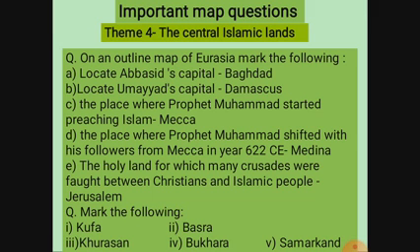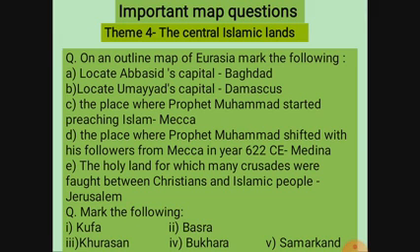Then the place where Prophet Muhammad shifted with his followers from Mecca in the year 622 CE. This is a very important fact. The place was Medina. So he shifted from Mecca to Medina. And 622 CE is an important year. From this year onwards, the Islamic calendar, or the Hijri calendar, started.